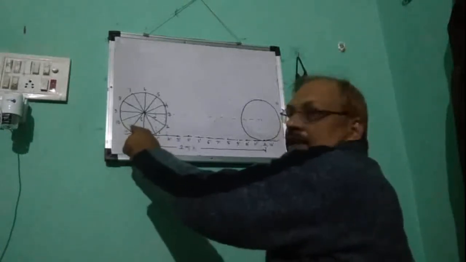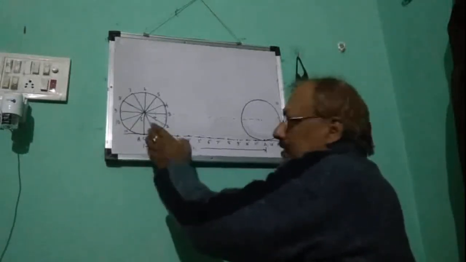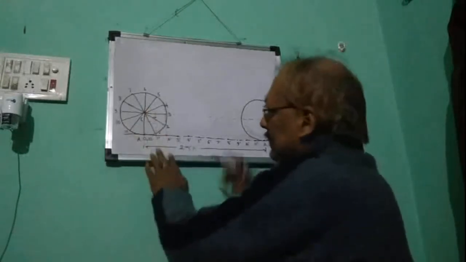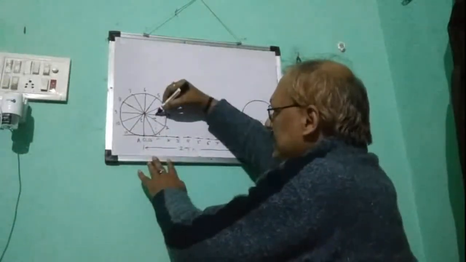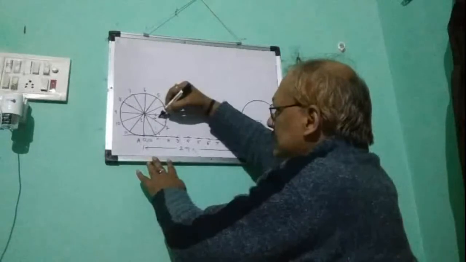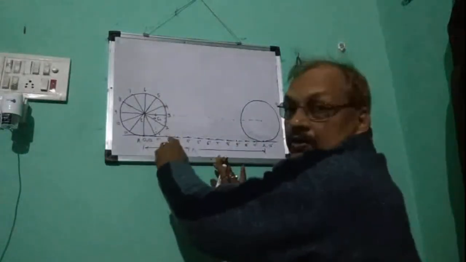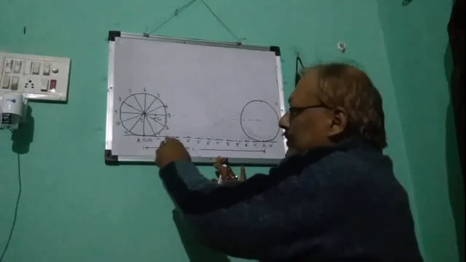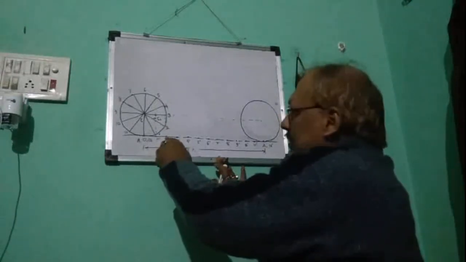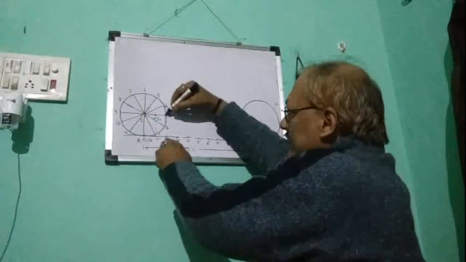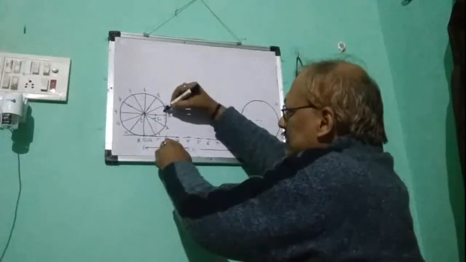Now A will reach here and 1 will fall on 1 dash. So the circle will be here and the corresponding center will be here, C1. Similarly, when 2 will fall on 2 dash, the foot will be on 2 dash and the corresponding center will be C2.